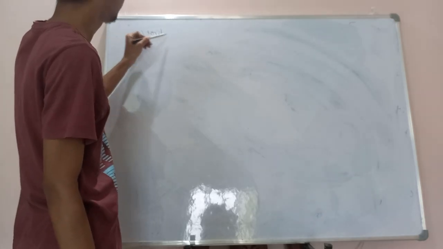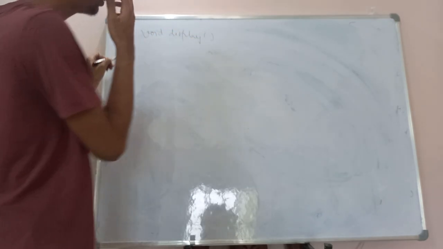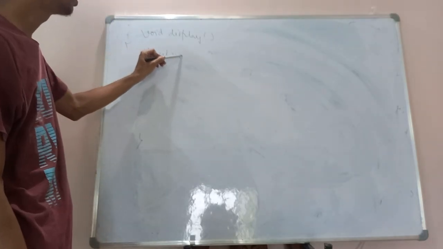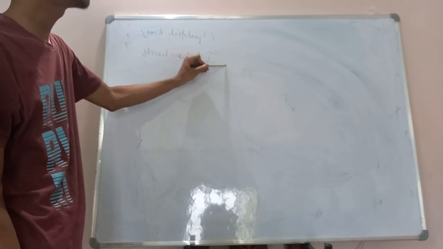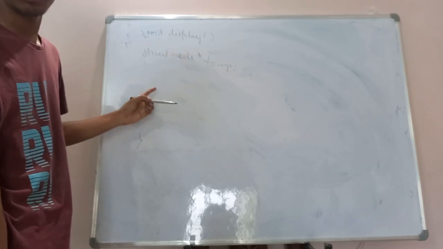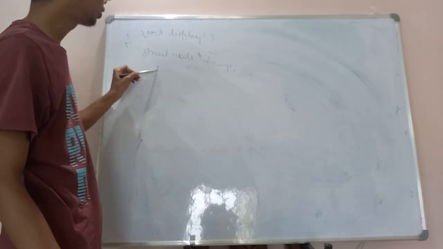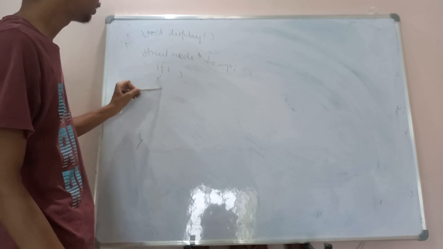So for display, what I will do, I will initialize a pointer which will point towards the data type, which is struct node, which will be the data type of my nodes, right? A temp I took. Now if front and rear are equal to 0, I will say my queue is empty, right?